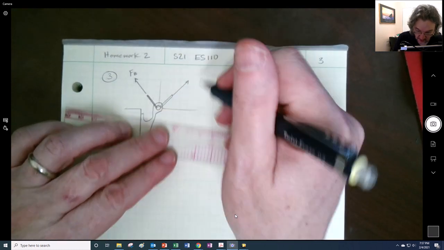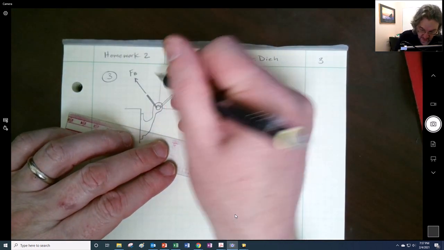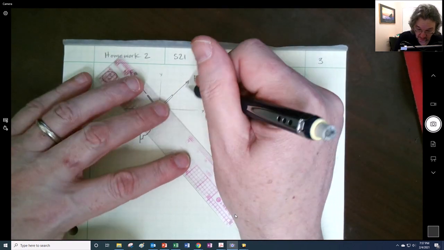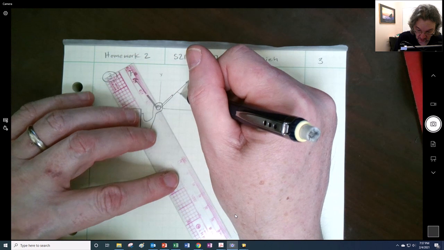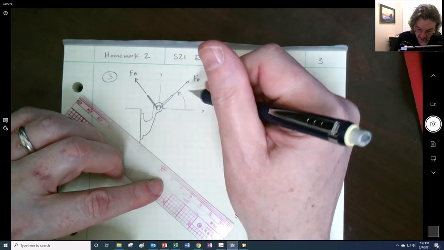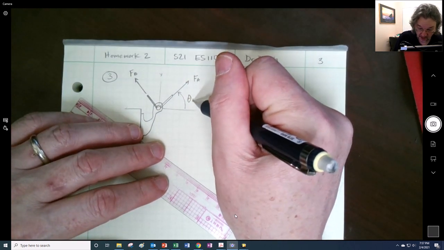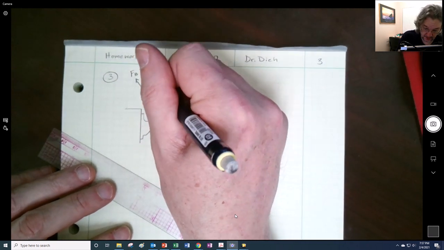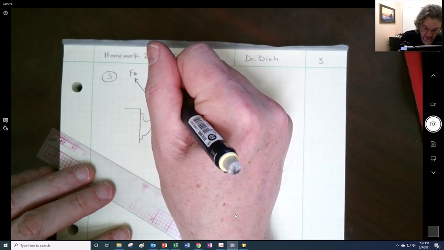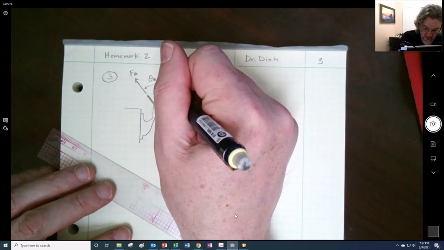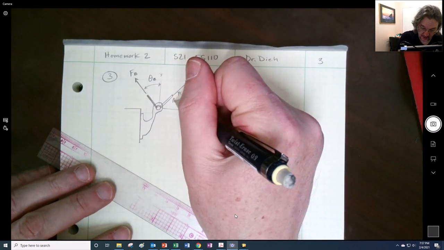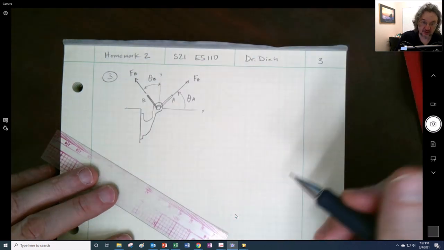We'll put the angle in there. That's going to be the X and Y. This is FA, and right in there is going to be theta A, and right in here is theta B. I guess they labeled this as A and this is B. Whatever. All right.